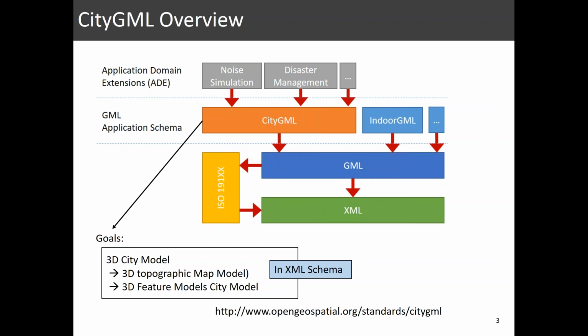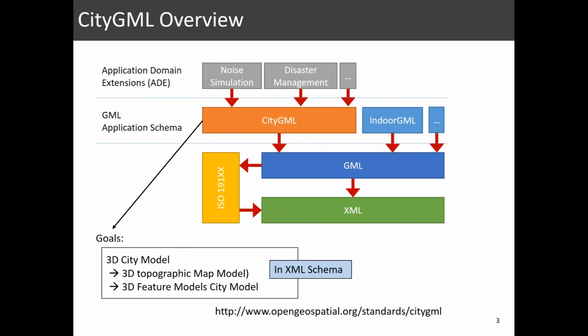And on the top of GML, you can also define application domain extension. For example, the application domain extension for noise simulation or disaster management, and so on.